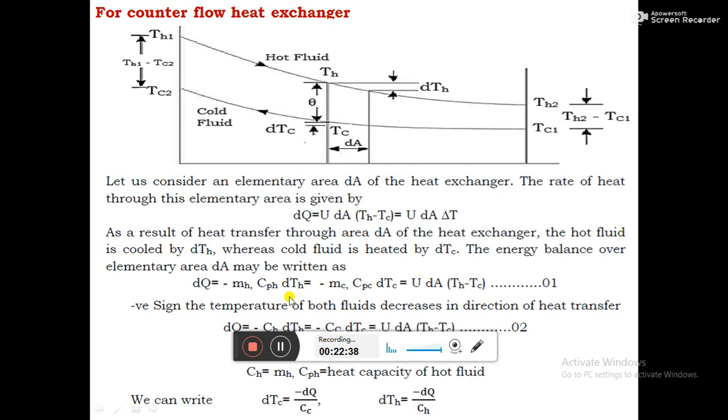Similar to the parallel flow heat exchanger, here also let us consider a small elementary area dA of the heat exchanger.